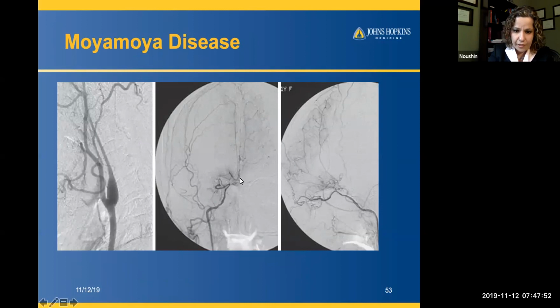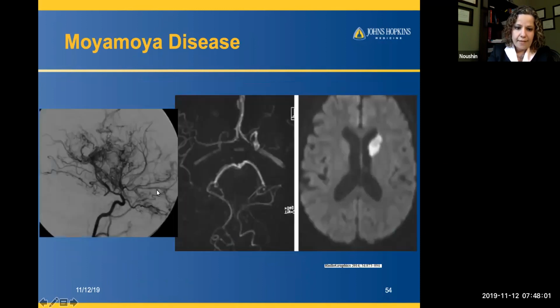As you can see in the intracranial vessel, there's high-grade stenosis with near occlusion of the carotid termini with multiple collaterals forming. This is a classic angiography image, which they call puff of smoke. All these little collaterals develop at the level of the skull base when there is occlusion of the carotid termini. This is a patient with Moyamoya disease that presented with a left basal ganglia infarct.